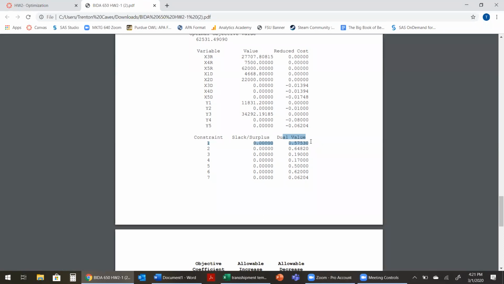All right. Question I, management would like to understand the effects of different demand levels for different fabrics on the optimal solution and the total profit.